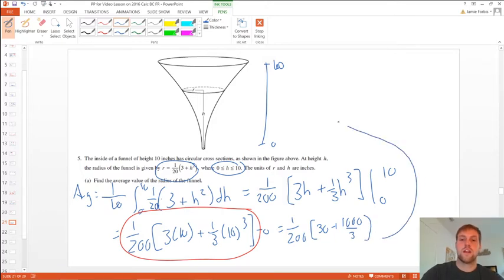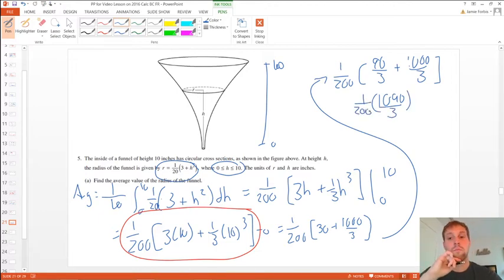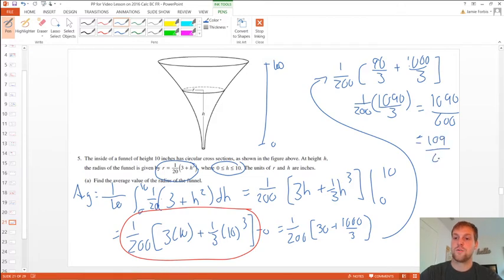Which, if I continue up here, that's going to be 1 over 200 times, common denominator would be 90 over 3 plus 1,000 over 3, which would be 1,090 over 3 times 1 over 200, which is 1,090 over 600, which reduces down to 109 over 60.